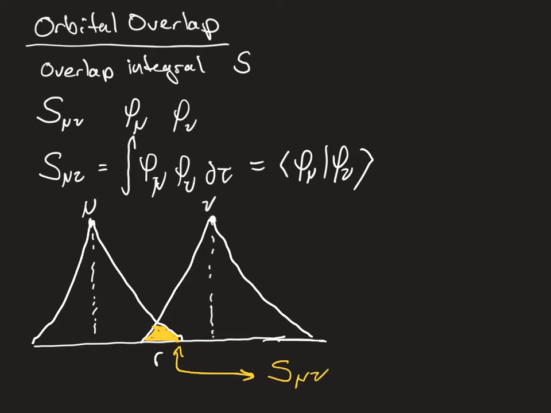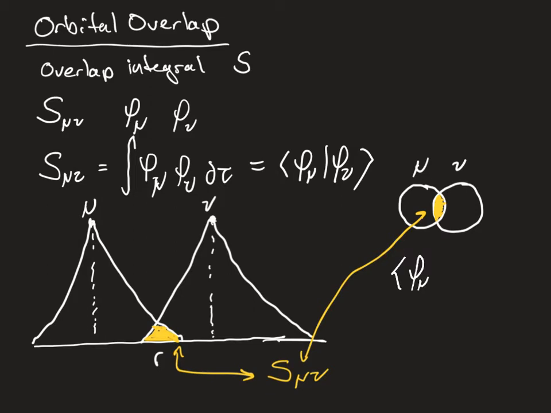Another way we can look at this is that we can have an overlapping S function mu and nu with that area there corresponding to that area there. So this is a pictorial way of representing this overlap integral.